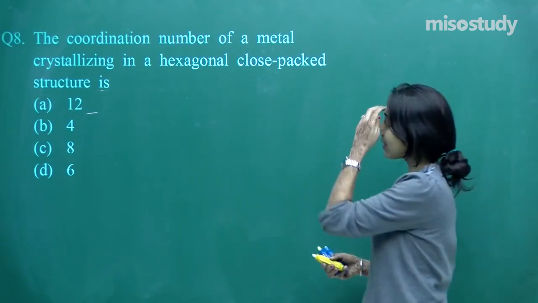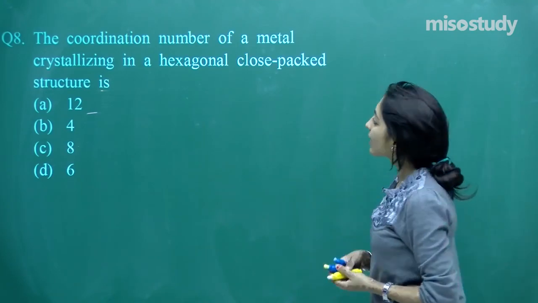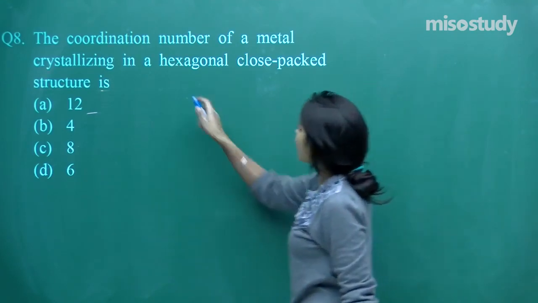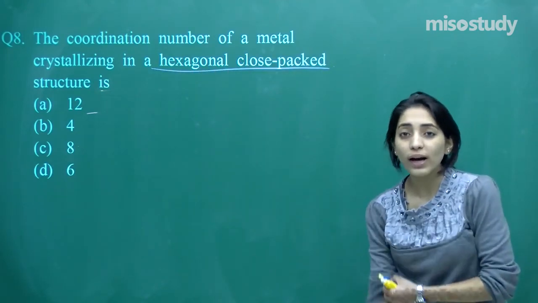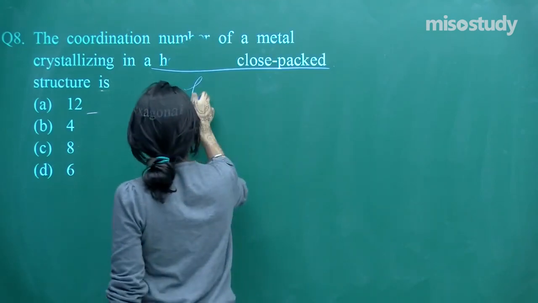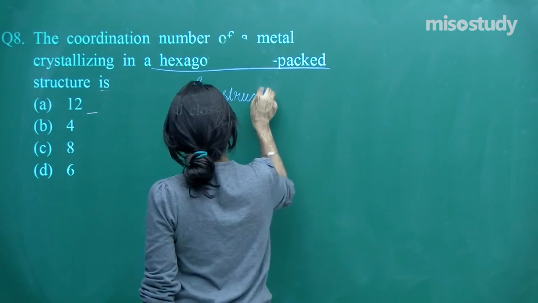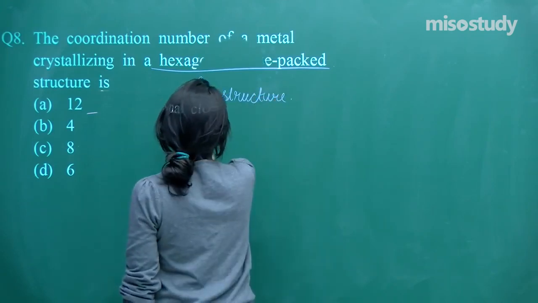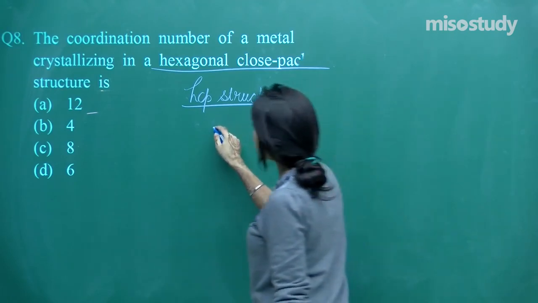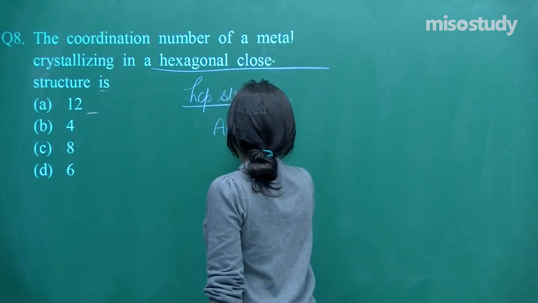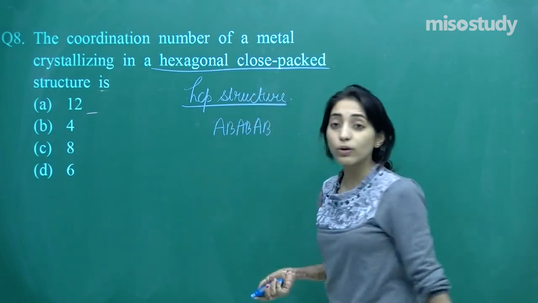Question number 8 says that the coordination number of a metal crystallizing in hexagonal close packed structure is. So you are given the HCP structure. In the case of hexagonal close packed structure, we have the pattern AB, AB, AB, and so on, right?